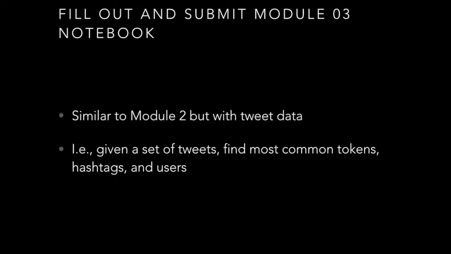All right, so before I go into the notebook for this module, I want to talk briefly about the Module 3 homework. It's very similar to the Module 2 homework, where you looked at Reddit post titles from a CSV file, but instead of using Reddit posts, we'll look at tweets, and I'll have you parse out tweet text to find the most common tokens, and parse out entities within tweets to find the most common hashtags, and the user profile fields within tweets to find the most common users as well.